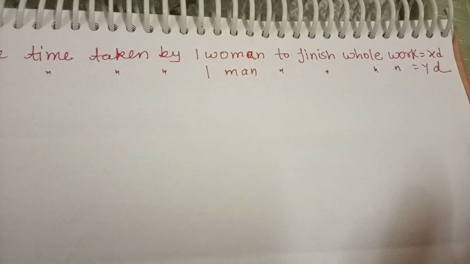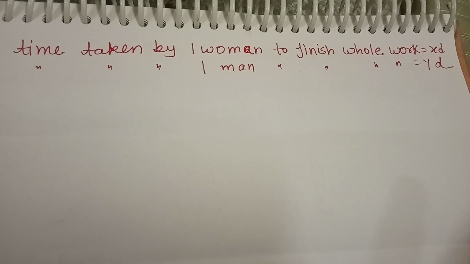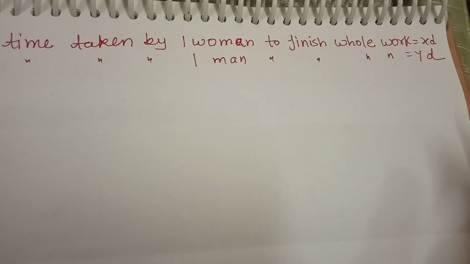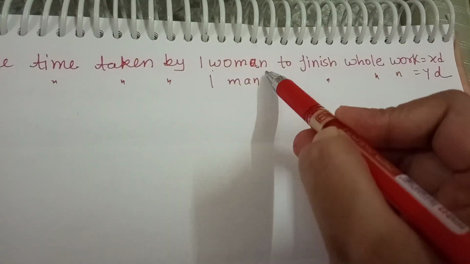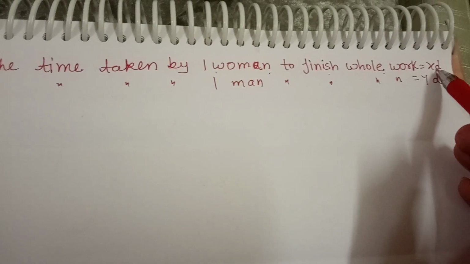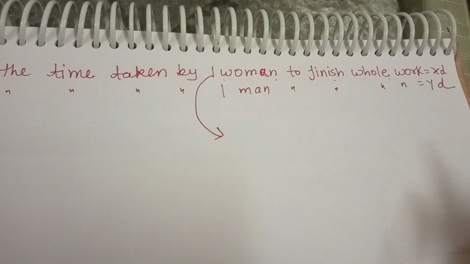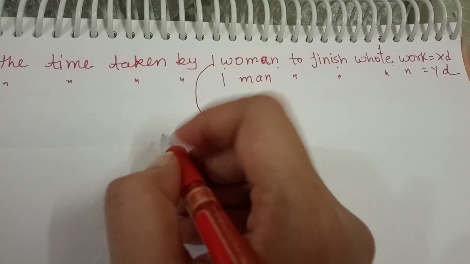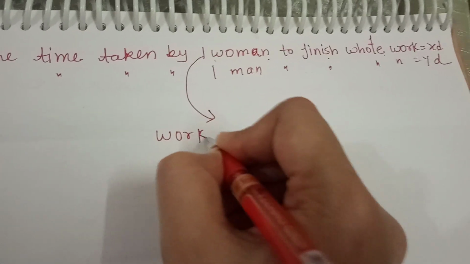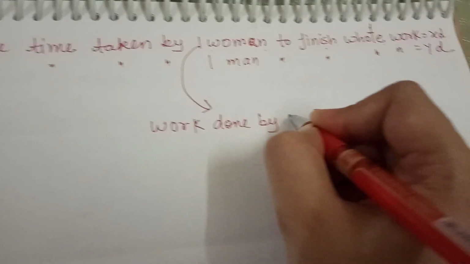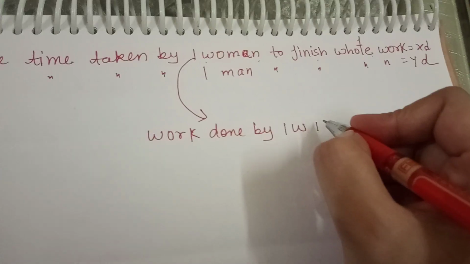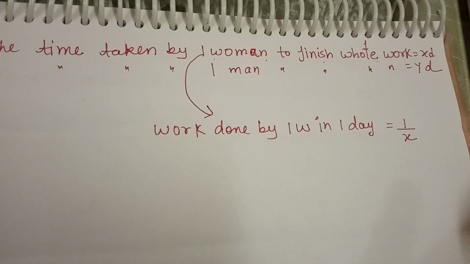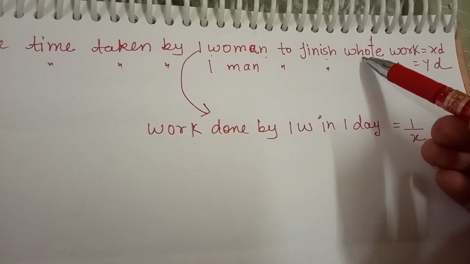So now we will find out the capacity of one woman, that how much work one woman can do in one day. If one woman can finish the whole work in x days, where the whole work is always one, then work done by one woman in one day will be equal to 1 upon x, because whole work means one work.